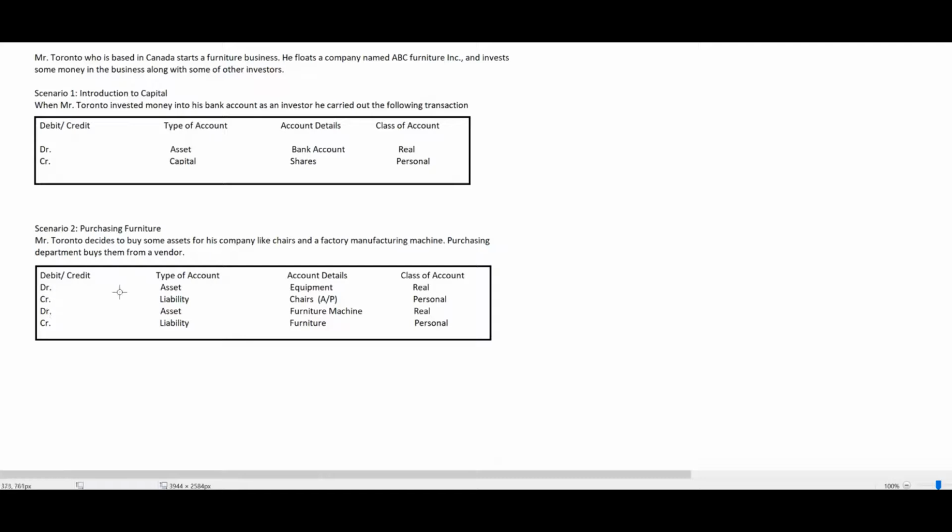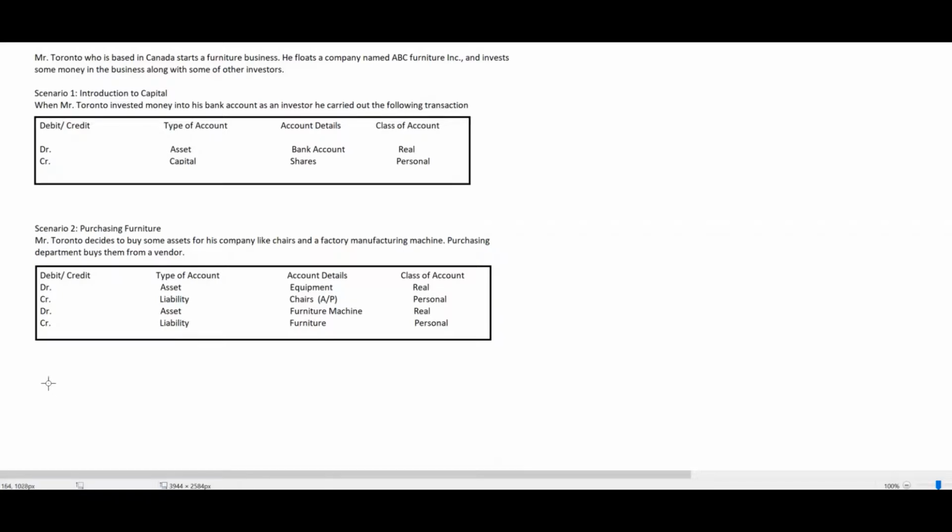In our first scenario, we'll be debiting our asset because we're bringing in the equipment, and the class of account is real. And we're crediting the liability because we're increasing the liability, right? So we credit the liability, which is accounts payable, since we're going to be paying the vendor.